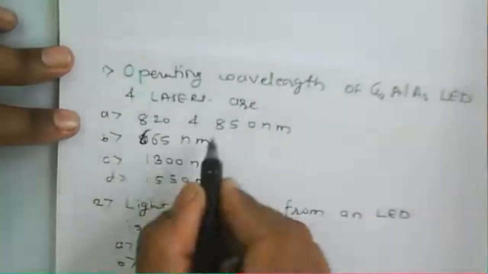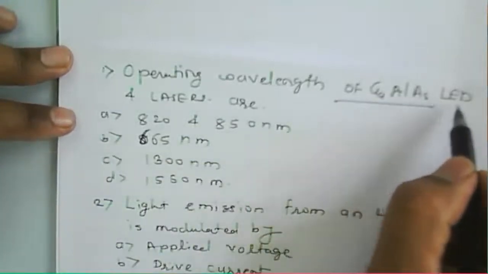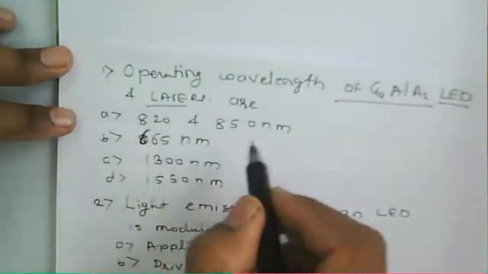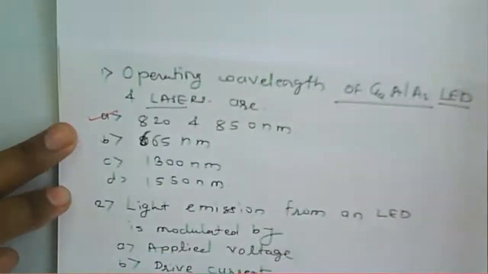Now if you see the first, operating wavelength for gallium arsenide light emitting diode and laser, it will be operated at the 820 to 850 nanometer wavelength there.